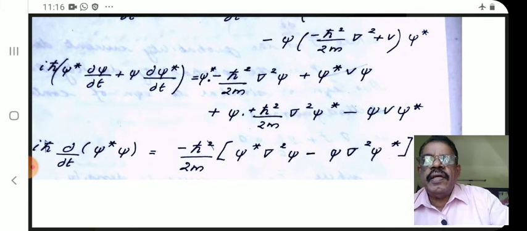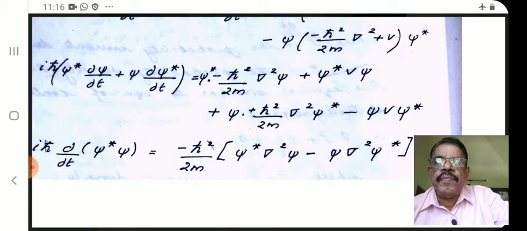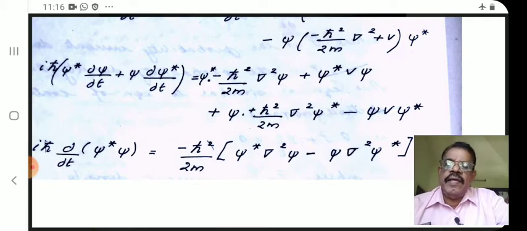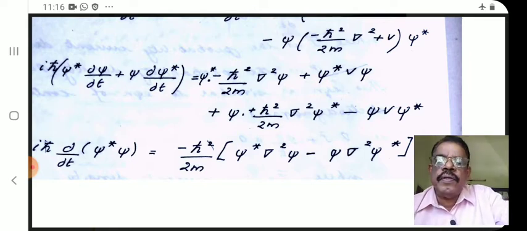And look, in the RHS, the potential terms psi star V psi and psi V psi star are opposite terms, they will cancel. V is a scalar potential function. So if it comes in the middle of psi star and psi, there is no change.